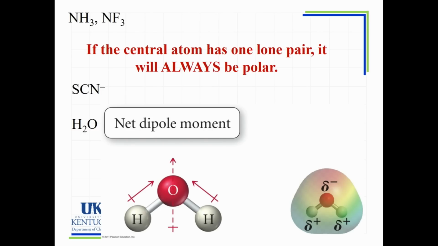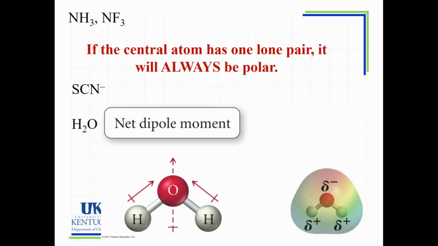So on the left, they've totally ignored the vectors for the lone pairs, and they've just drawn the vectors for the hydrogen-oxygen bonds, and we see the summation vector in between those pointing up. That tells me that the top of the molecule where the oxygen is sitting is partially negative, and the bottom down where the hydrogens are is the partially positive end. So this is a polar molecule.